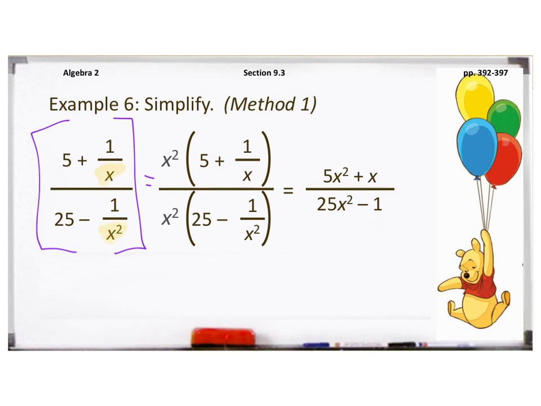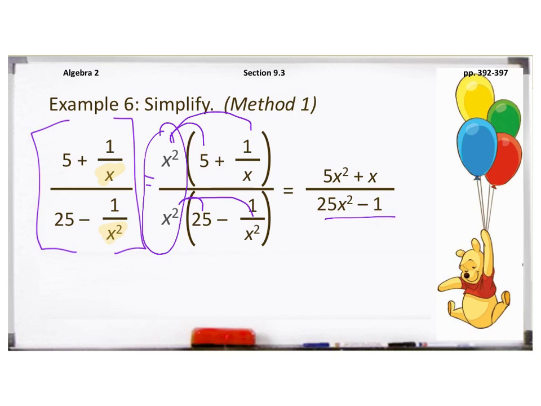If I multiply the top and the bottom by x squared, that's what you see going on right here, then when I distribute this in, I'm going to get a 25x squared, and the x squared is going to cross off and I just have 1. No fractions. I have a 5x squared, and one of the x's crosses off, so I'm left with an x on the bottom. Again, yay.